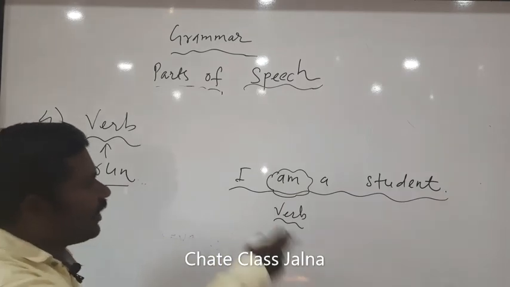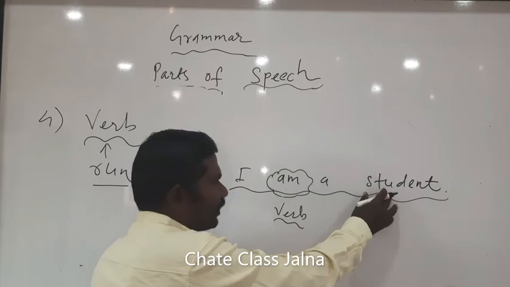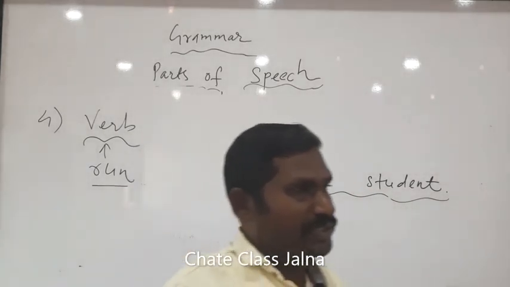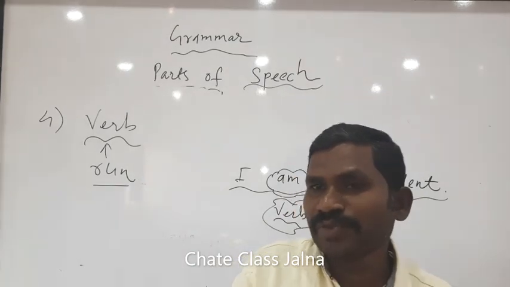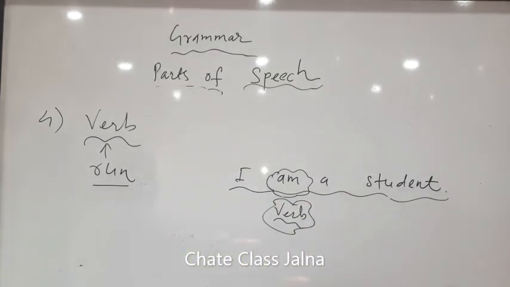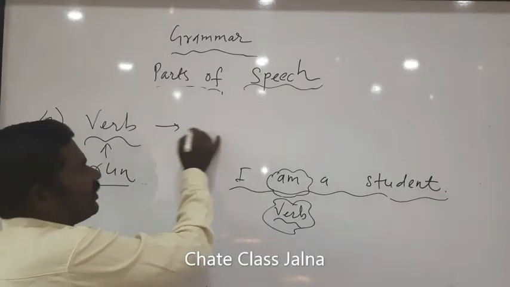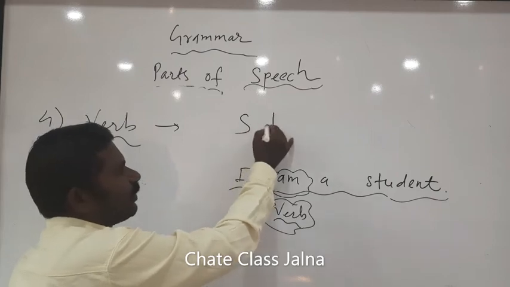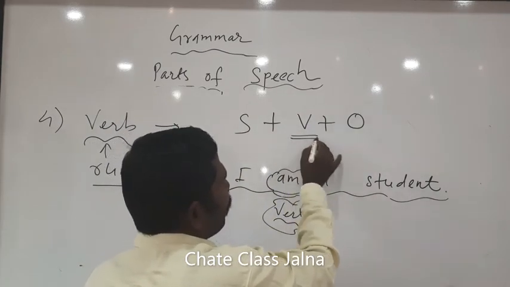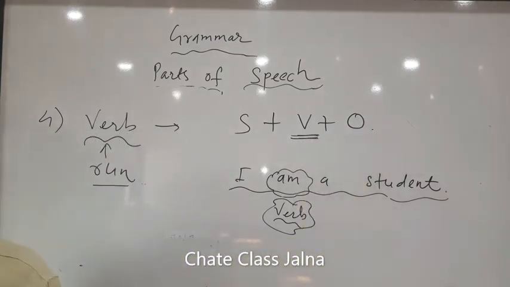What is he? He is a student, or I am a student. Here am is telling about a state. Generally we call these verbs, and you should know that the general pattern of a sentence is subject plus verb plus object, and without a verb no sentence can be completed.